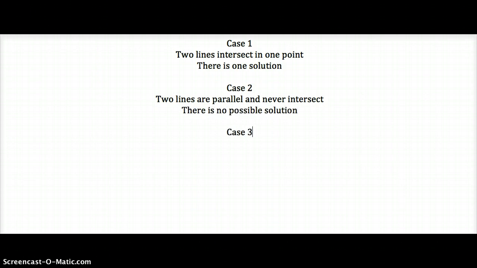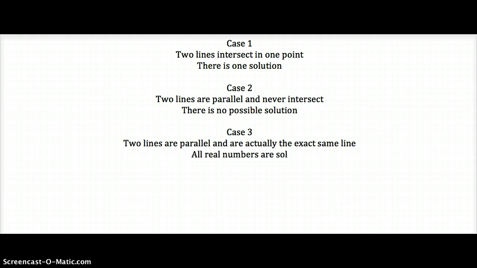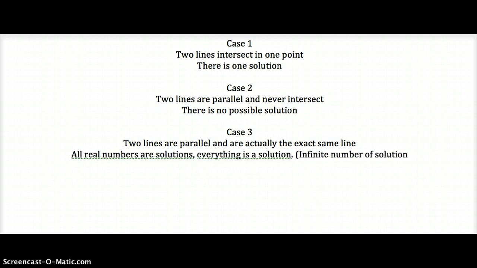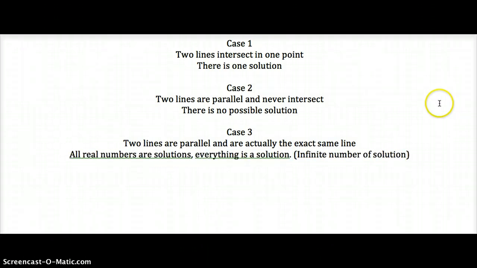And finally, there's case three, which means the two lines are parallel and are actually the exact same line. In this case, all real numbers are solutions, or a way I like to think of it is everything is a solution. Okay? Infinite number of solutions. All right? So, let's do a problem.